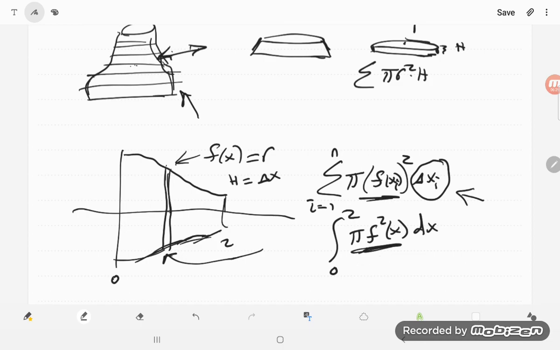And so that's what we're doing in 7.2. We're just trying to build integrals, but in particular, we're thinking of disks every time in this particular section. So that's what we'll do.